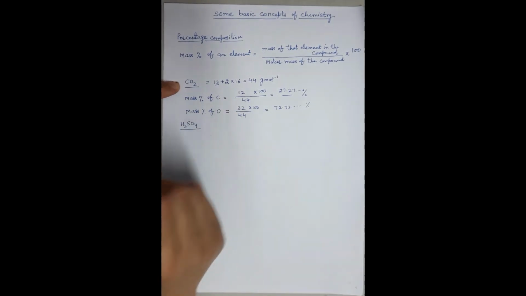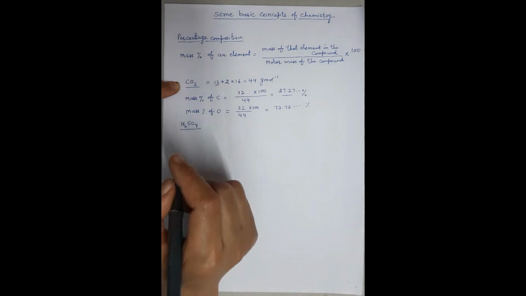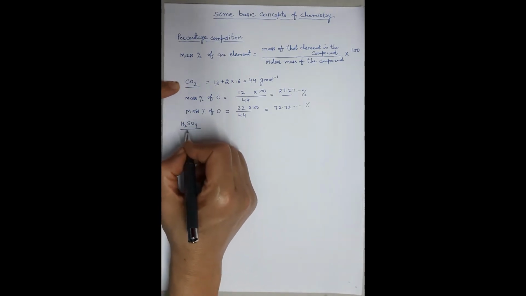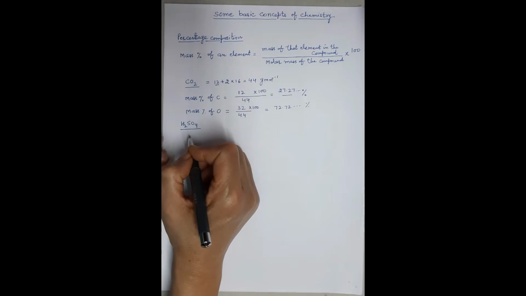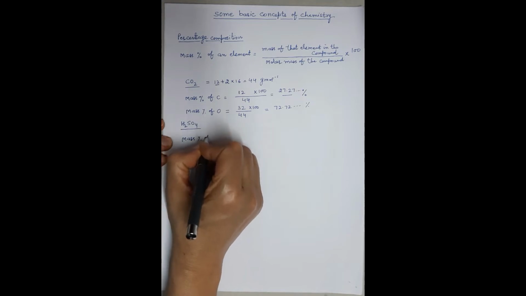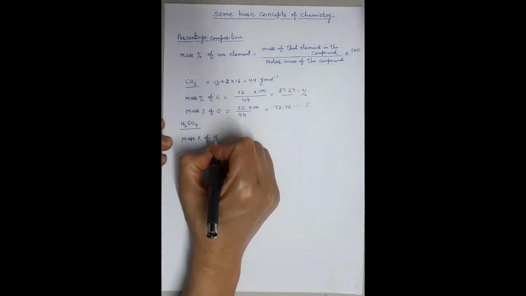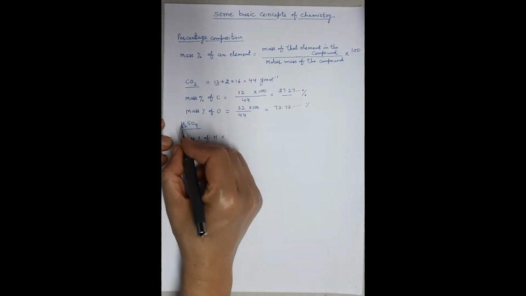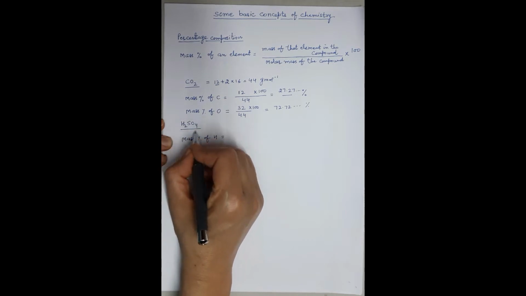If you want to find out the mass percentage of the different elements present in sulfuric acid, see how you will calculate. If you want to find the mass percentage of hydrogen, what is the mass of hydrogen in this compound?